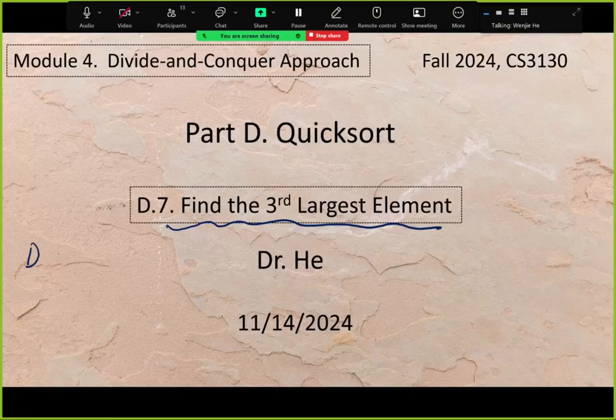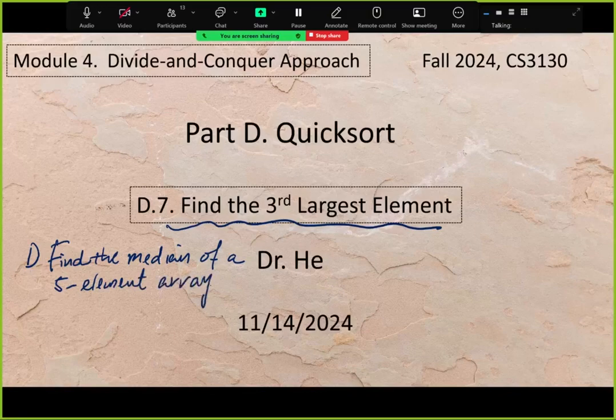The first one: find the median of a 5-element array. We did this question before, right? Think about whether you still remember the details and the idea of how to solve it. That's the first important experience we need to borrow.